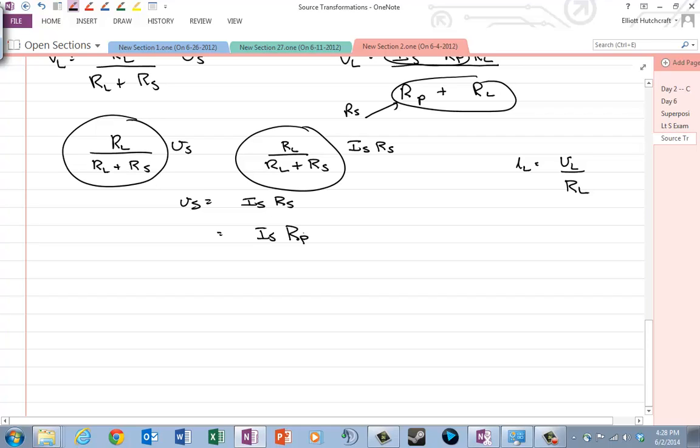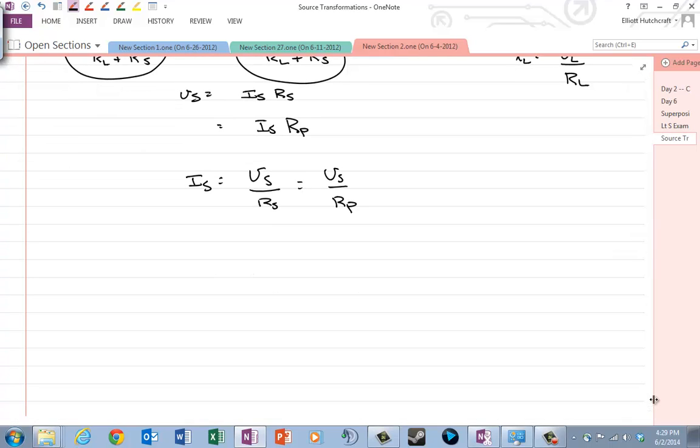So the voltage source is equal to IS RP, or IS, the current source, is equal to VS over RS, which could have also been VS over RP. So this tells us how we relate the value of the current source and the voltage source, and we let RS equal RP.